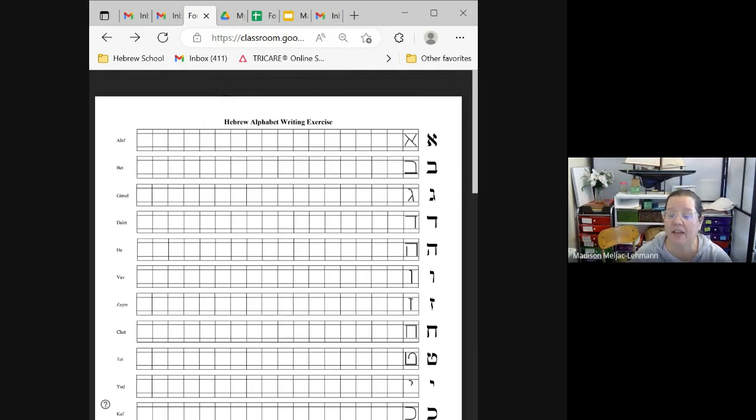W-R-I-T-E-I-T, then Hebrew. If you're going to use the app, you also will probably need to look at a chart, because if you don't do the word exactly correctly in the app, you won't get credit and it won't let you move on.